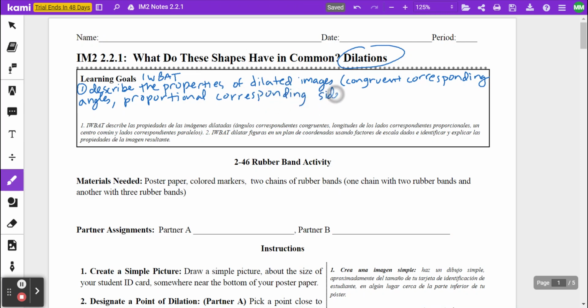A common center. And parallel corresponding sides.